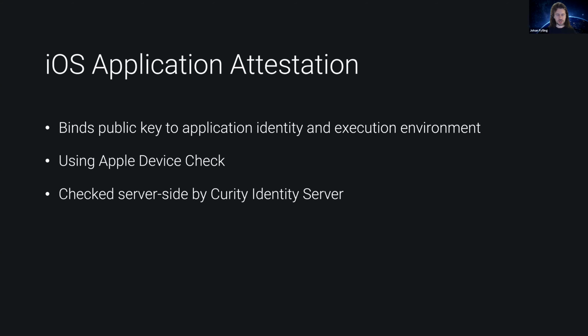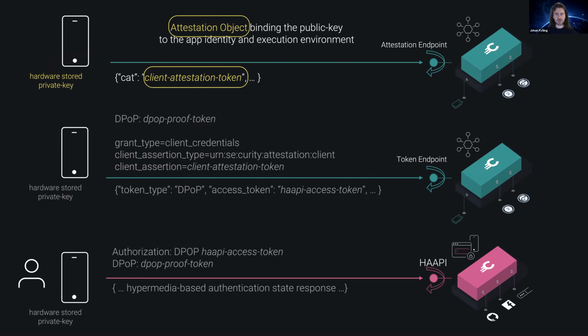It gives us a way to tie the calling application to a specific device, or not actually a specific device, but a specific application running on a device. We can't pinpoint the device itself.